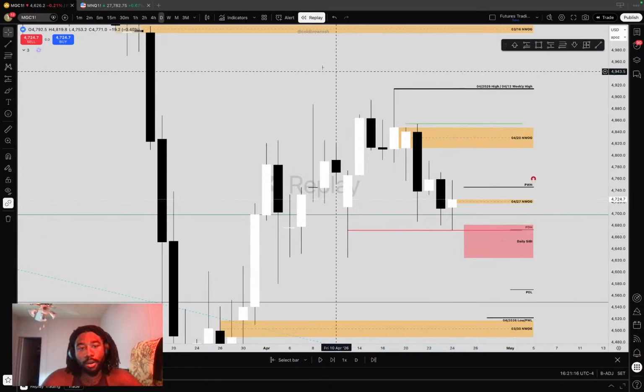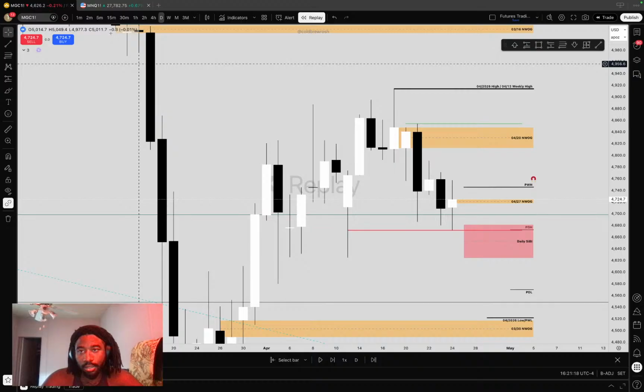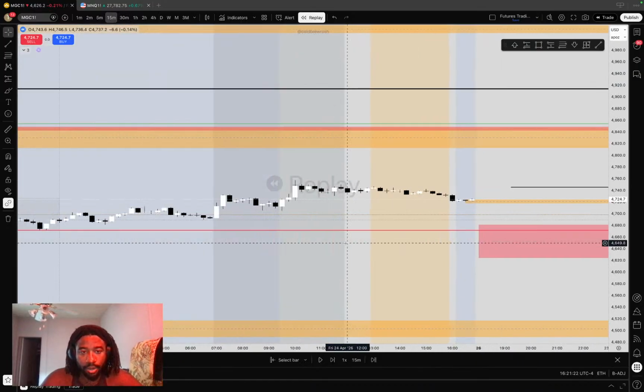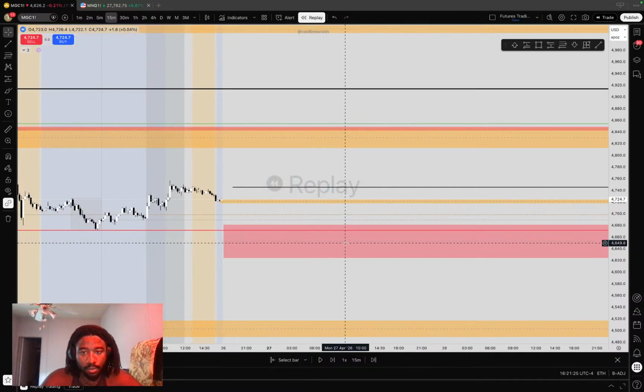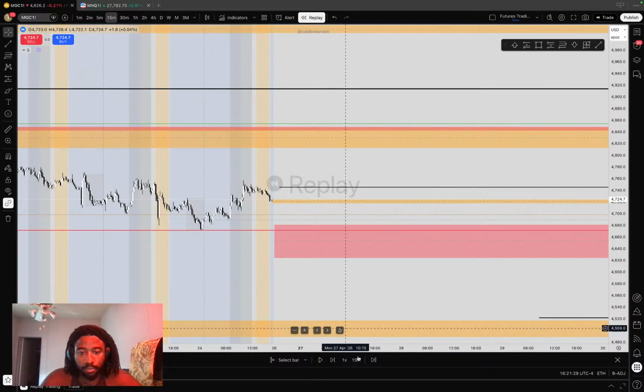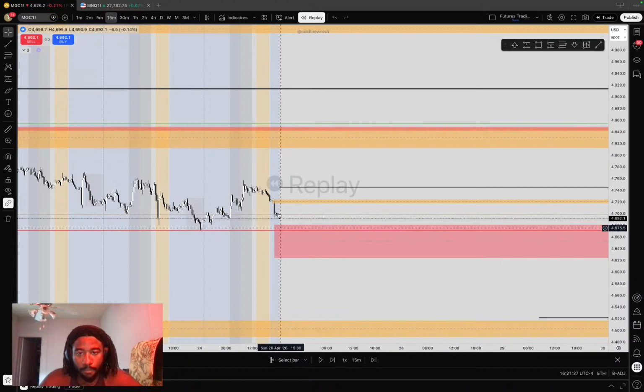So when the market opens, like at 6 p.m. EST on that Saturday, right? Just pressing the forward button down there, we see we got the new week opening gap that forms here.